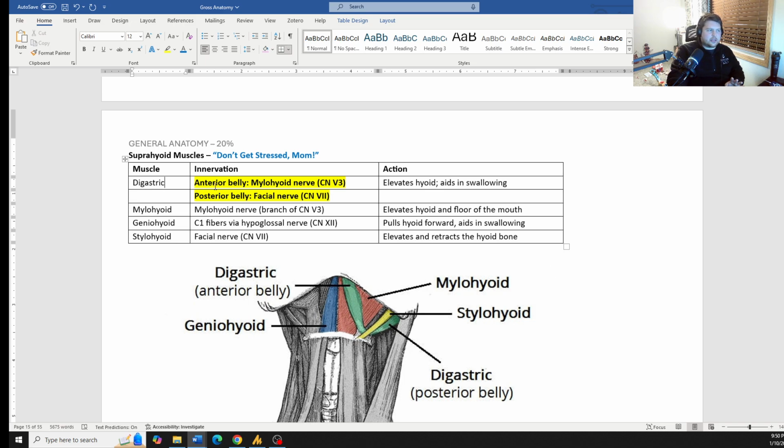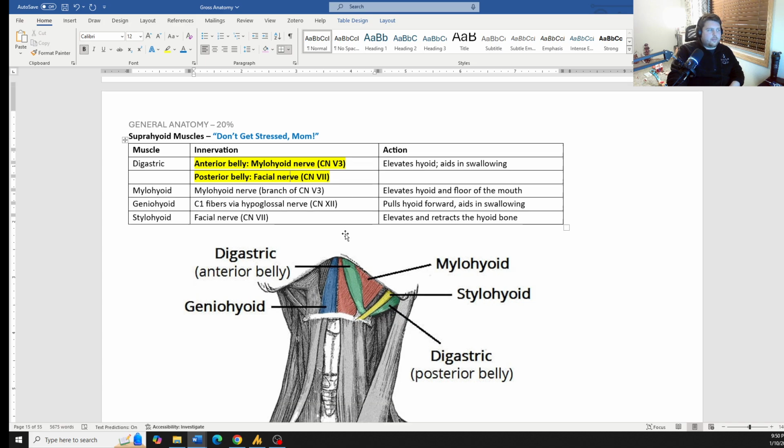So the digastric, the anterior is by the mylohyoid nerve, part of cranial nerve 5, division 3. This is cranial nerve 5, the trigeminal nerve. And then the posterior belly is the facial nerve.